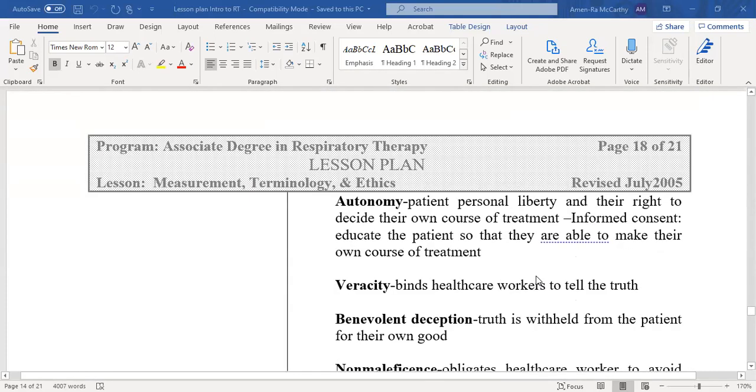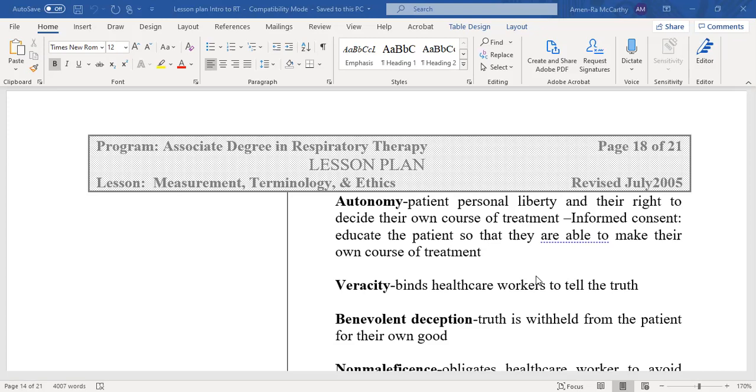Autonomy: the patient's personal liberty and their right to decide their own course of treatment. Have informed consent. Educate the patient so that they're able to make their own decision. You gotta let them know what's going on.